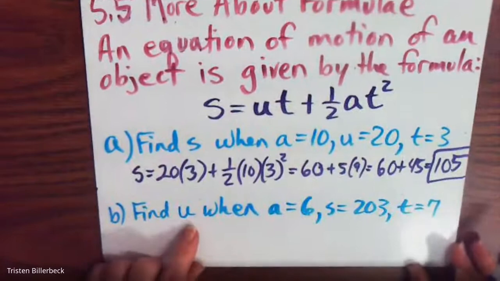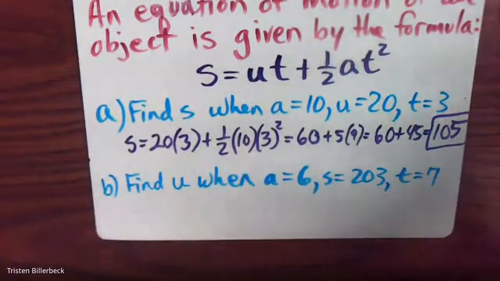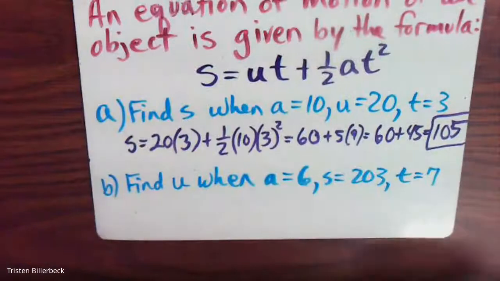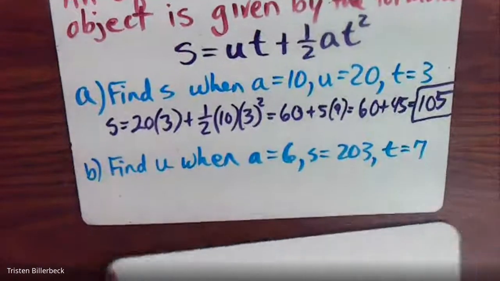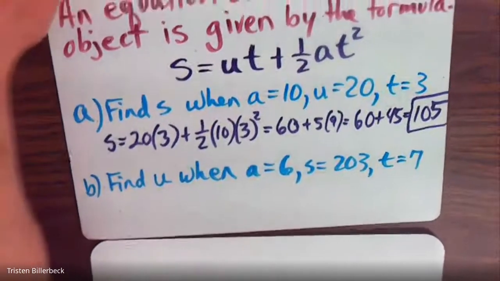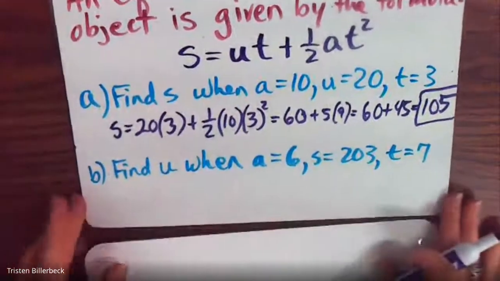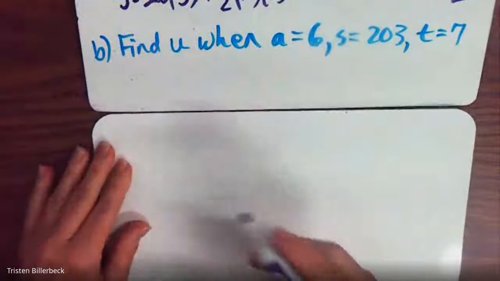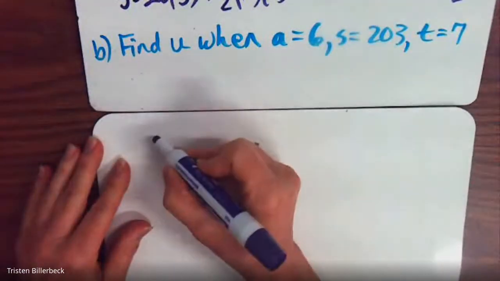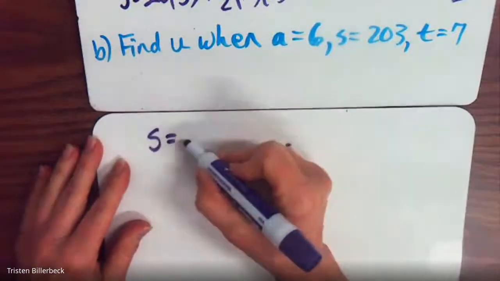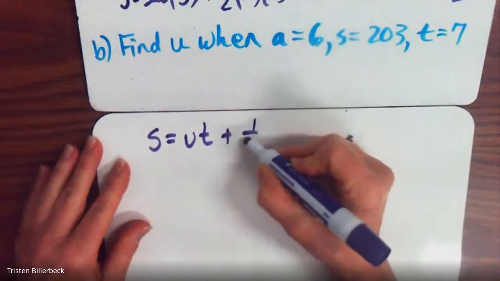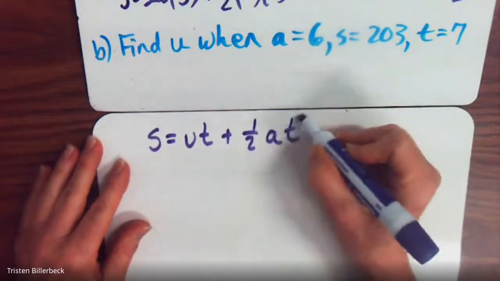But when it says find u, when it's not set up for u, that's going to take a little more time. We're given u with certain conditions, so values. So let's first solve it for u. We have S equals ut plus 1/2 at squared.